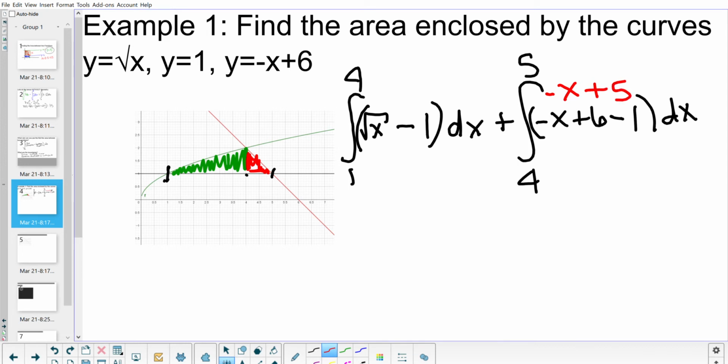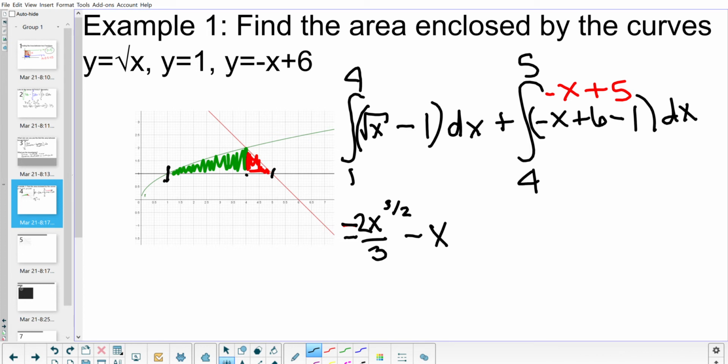Okay, so let's start working through this. The antiderivative of the square root of x, that's add a power, divide by that power. Adding a power would be x to the 3/2. Dividing by 3/2 is the same thing as multiplying by 2/3. And then minus, what's the antiderivative of 1? x.